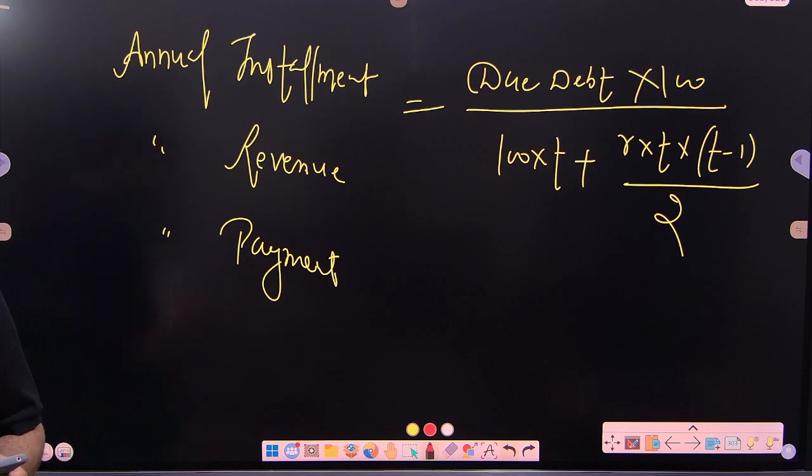On the borrower side we have been given due debts. So whenever the due debt is given, and the question is asking what would be the annual installment, you can plug in that formula.